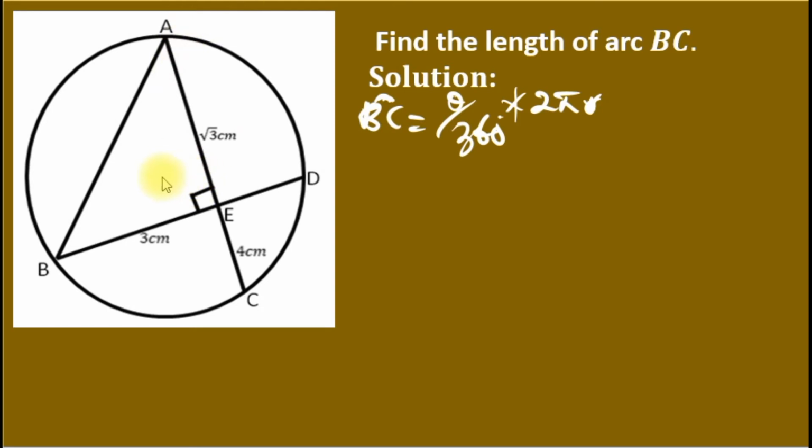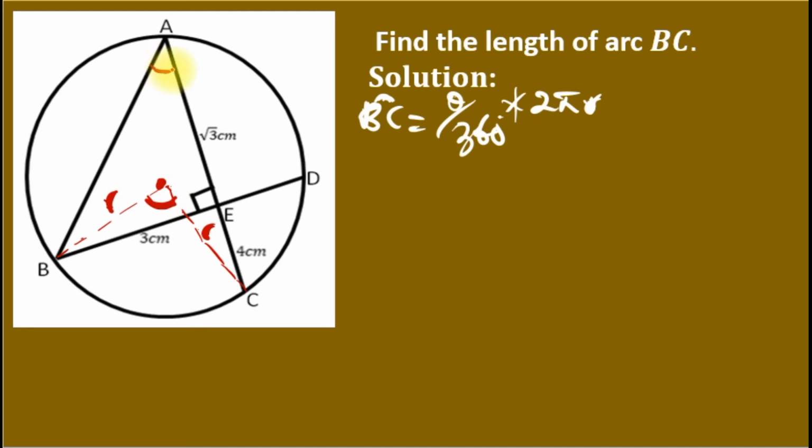So assuming this is the center of this circle, let's connect this. So this is my radius. Again, we need to get the central angle.